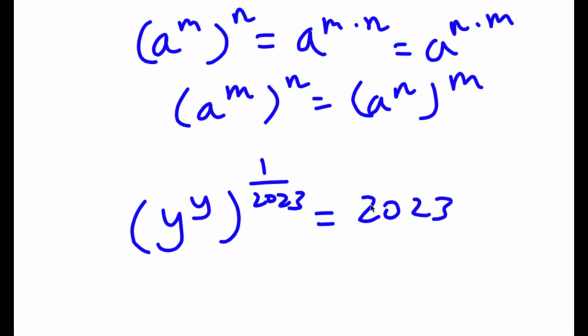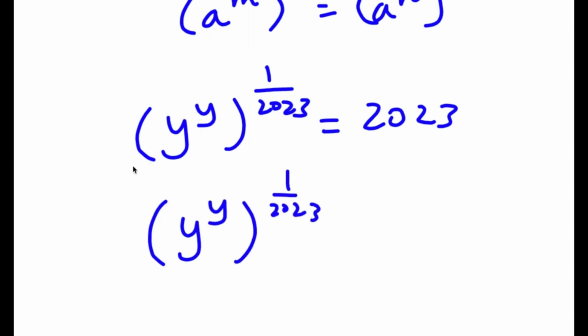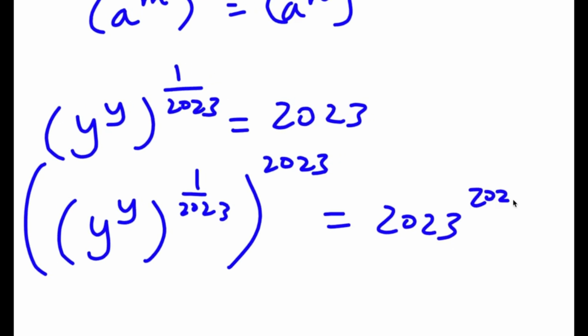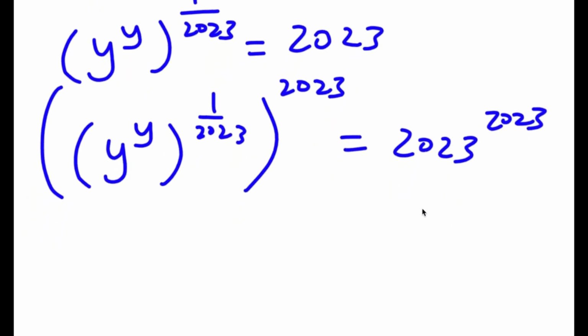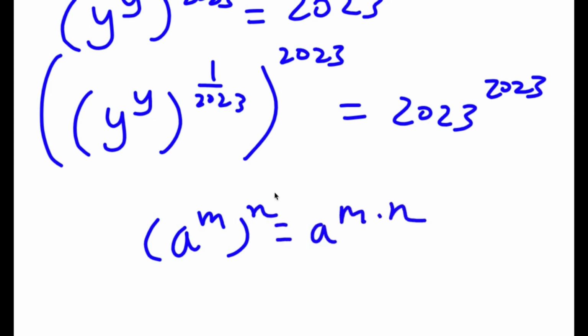Now what I'm going to do is take the power of 2023 on both sides. So I have y to the power of y to the power of 1 over 2023, all to the power of 2023, is equal to 2023 to the power of 2023. Now remember, if I have something in the form a to the power of m to the power of n, this is equal to a to the power of m times n.